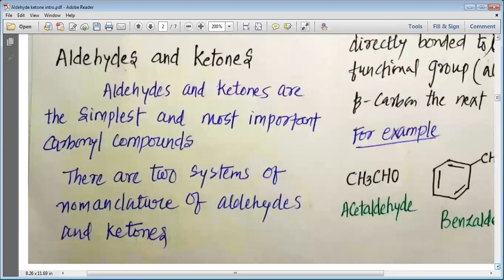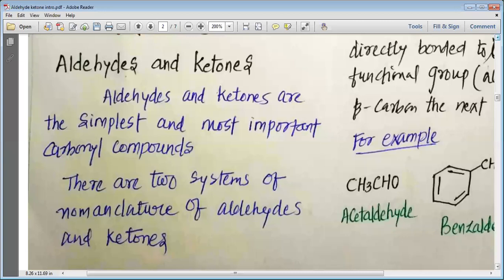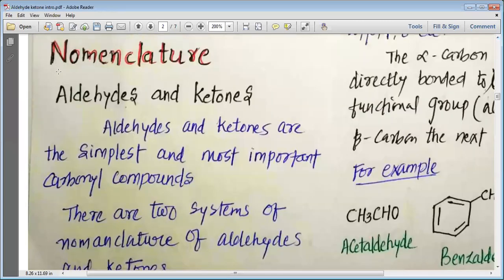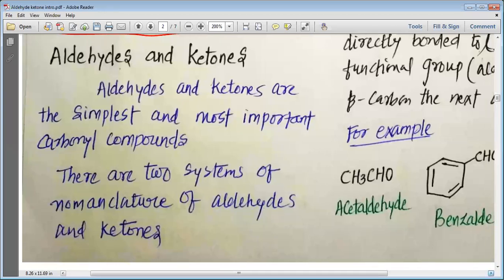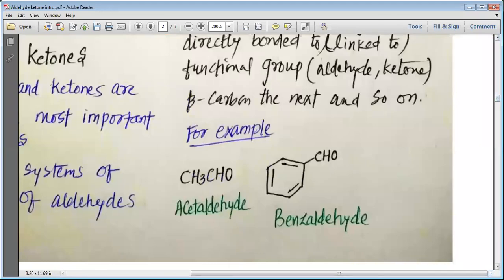Now, my dear students, let us have a look at the nomenclature of aldehydes and ketones. The next point is how do we name the aldehyde and ketone compounds? Aldehydes and ketones are the simplest and most important carbonyl compounds. There are two systems of nomenclature, so we can name them in two ways.